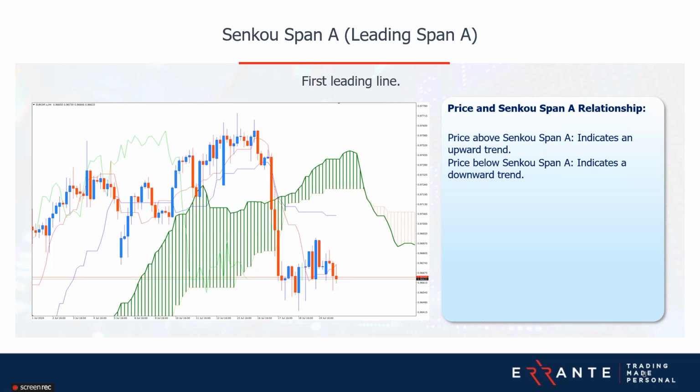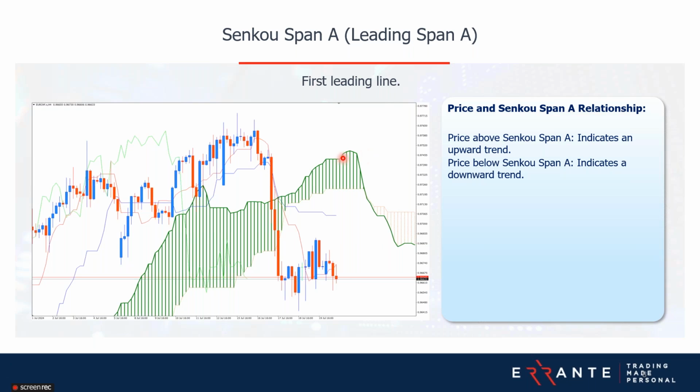Now let's go through the relationship between the price and Senkou Span. When we have the price above Senkou Span, it indicates an upward trend, and when we have price below Senkou Span, it indicates a downward trend.